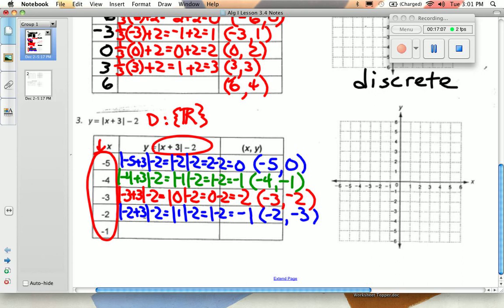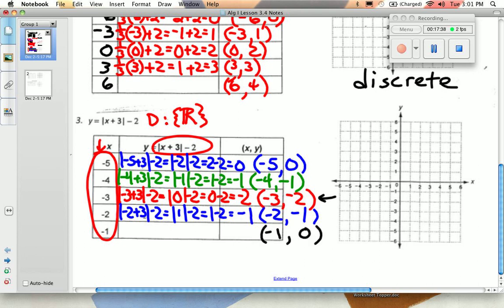Now you might want to try to make a prediction about it. It isn't going to be ordered pair negative 2, negative 3. We found out it's going to be ordered pair negative 2, negative 1. Now I might want to make a prediction, and look right here at what happened. It went 0, negative 1, negative 2, and then it bounced back to negative 1. I'm thinking the next y value might be 0. So, negative 1, 0.